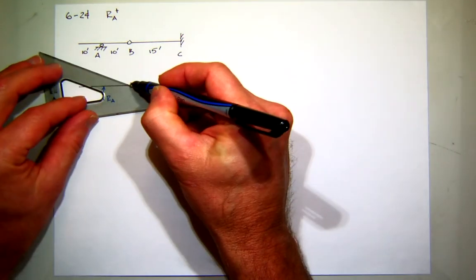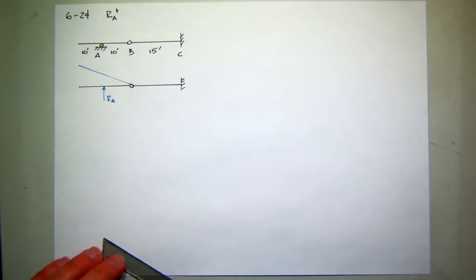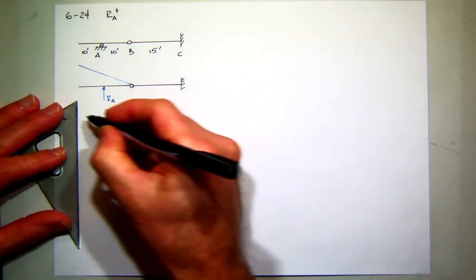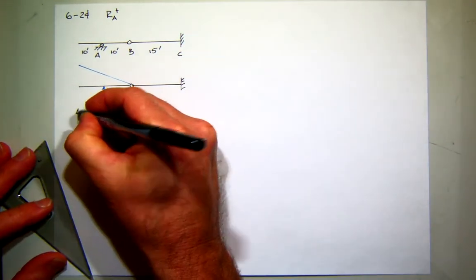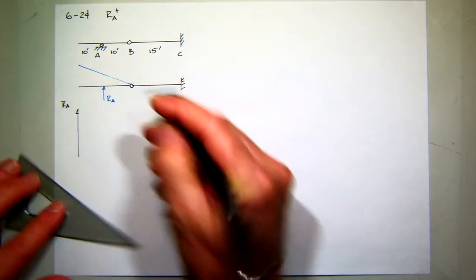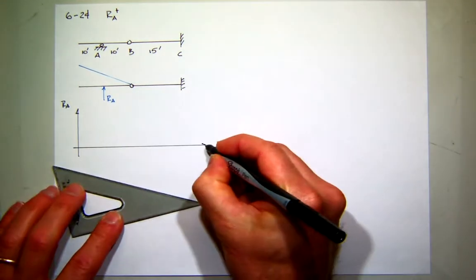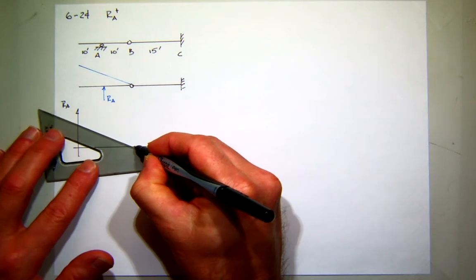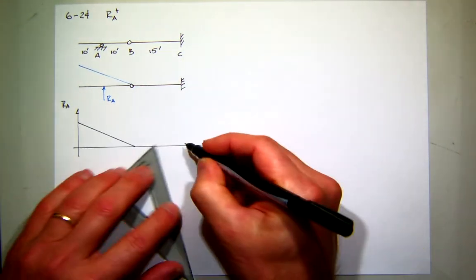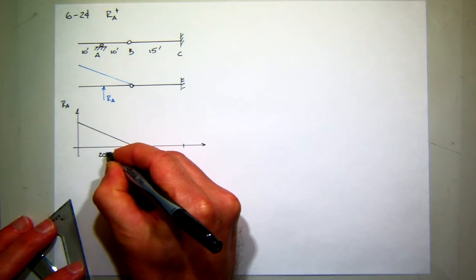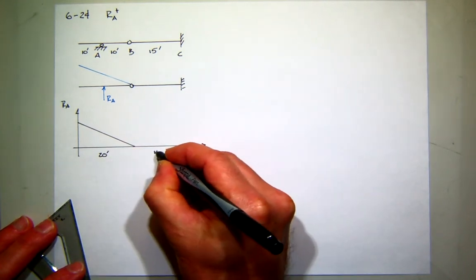It should rotate like this. So that says that our influence line for the reaction at A should look like this. And this would be 20 feet and 15 feet.